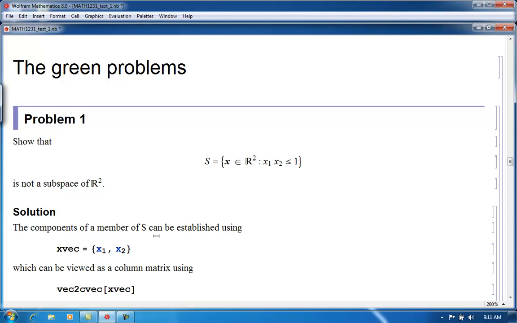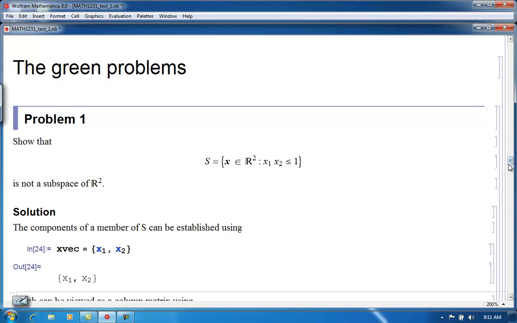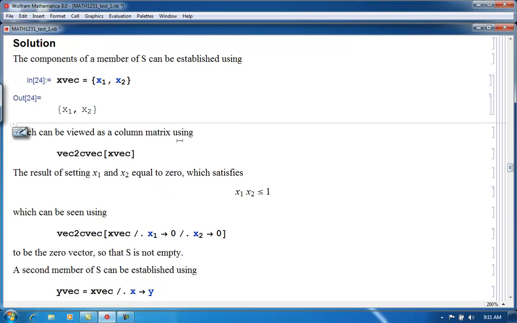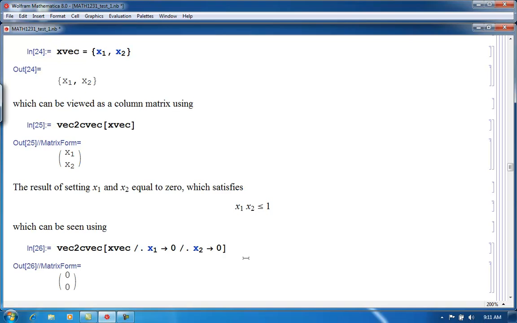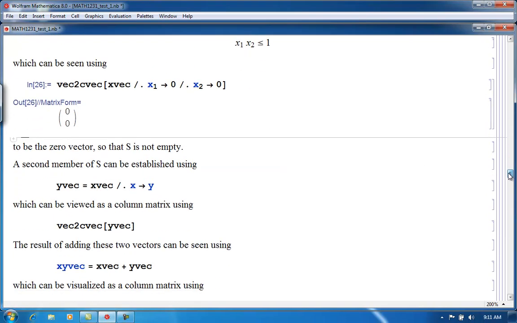Well, we can form one of these vectors and visualize it as a column vector using this. And the result of setting x1 and x2 equal to 0, which clearly satisfies this, we can see that to be the 0 vector. So at least this set is not empty.